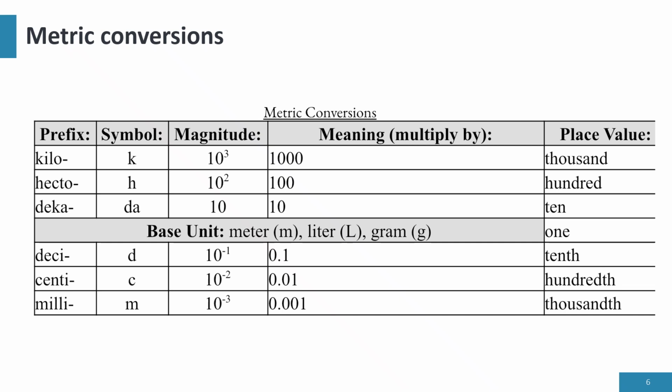So if I have 1 meter, how can you convert from that meter to kilometers? You are moving that decimal backwards by 10. So 1 meter is 0.1 of a decameter.